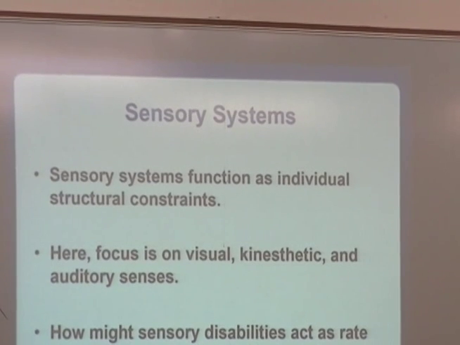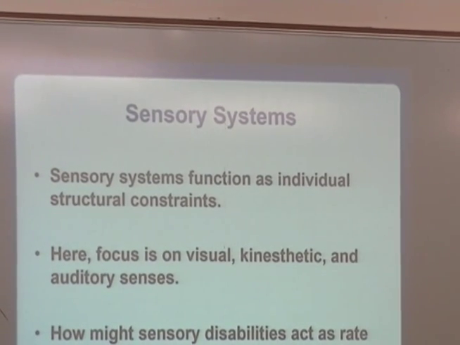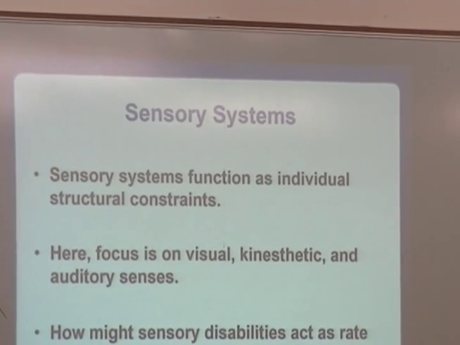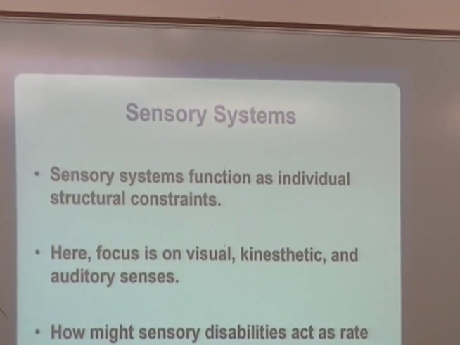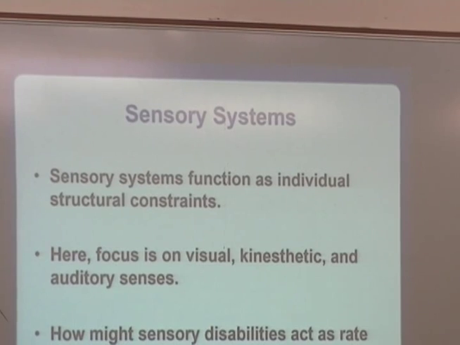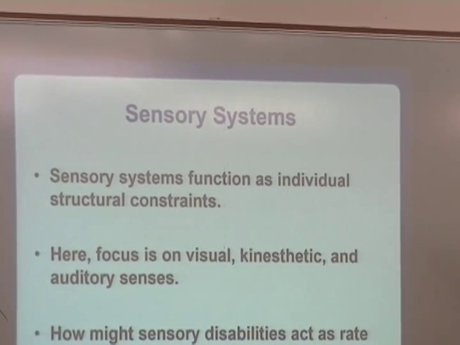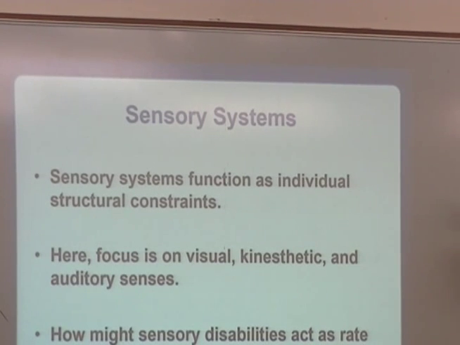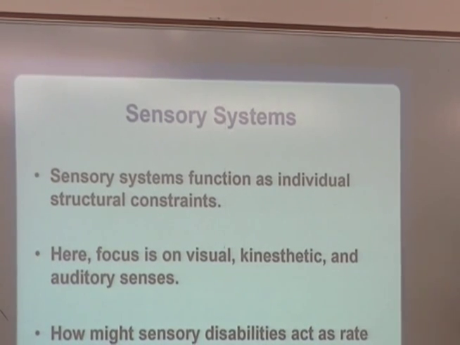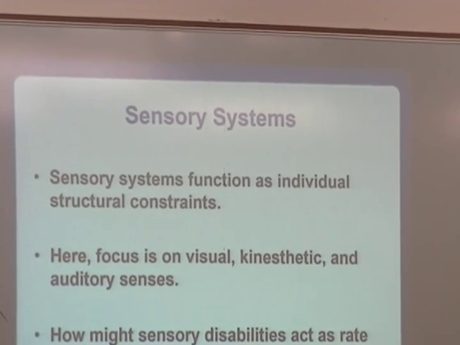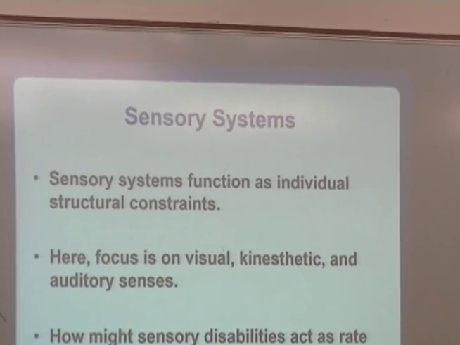So when you're talking about vision, being able to see something as a constraint, you've got to be able to identify, am I talking about I can't see it because the organ is not working correctly, or am I not perceiving it because my experience is different?